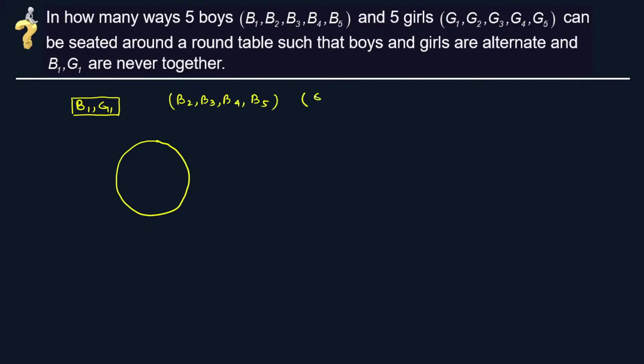And we are left with G2, G3, G4 and G5, right? Now let me do one thing first. Let me place those 4 boys and these 4 girls around the round table in an alternate way. Clear? What I'm saying is, let me just place these boys first.